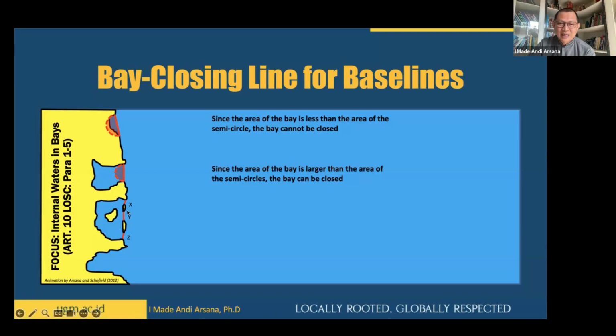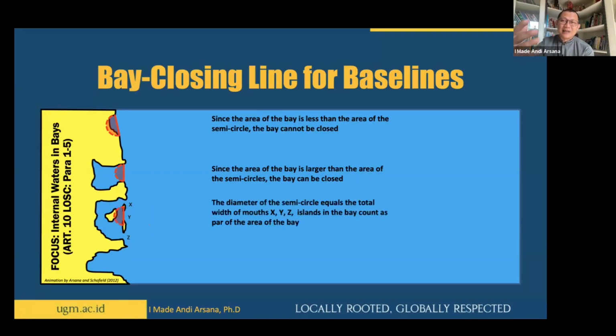You basically can have these three, combine it into one, and then try to simulate this semicircle like this, and then you can check the area of the semicircle whether it is actually smaller than the entire bay. In this case, it is smaller than this one, right? So you can actually close this bay using this 1, 2, 3 line.